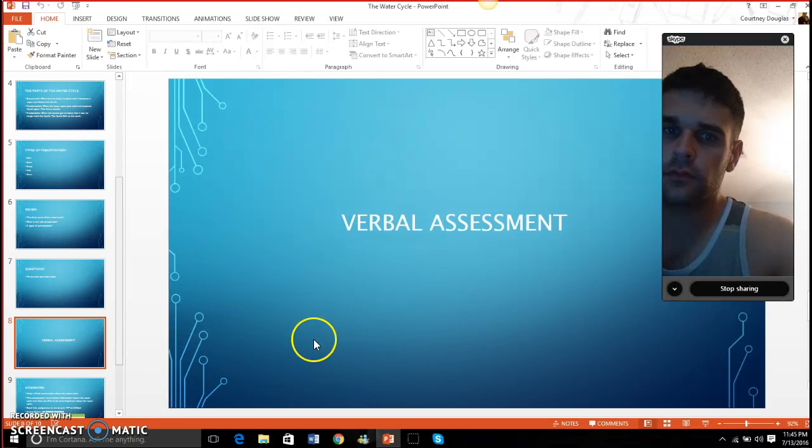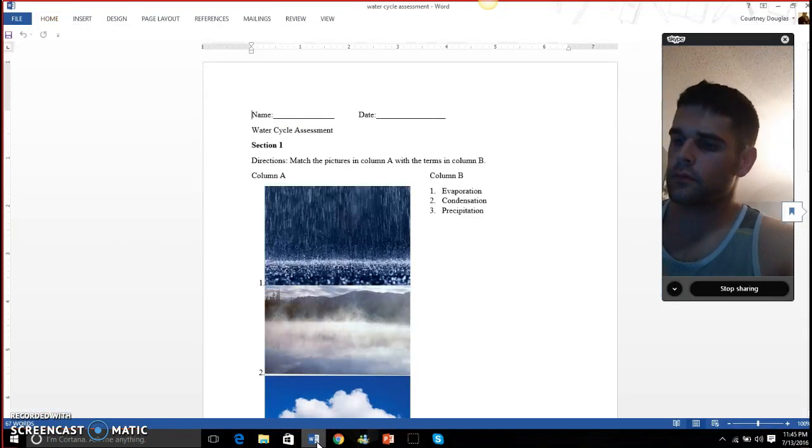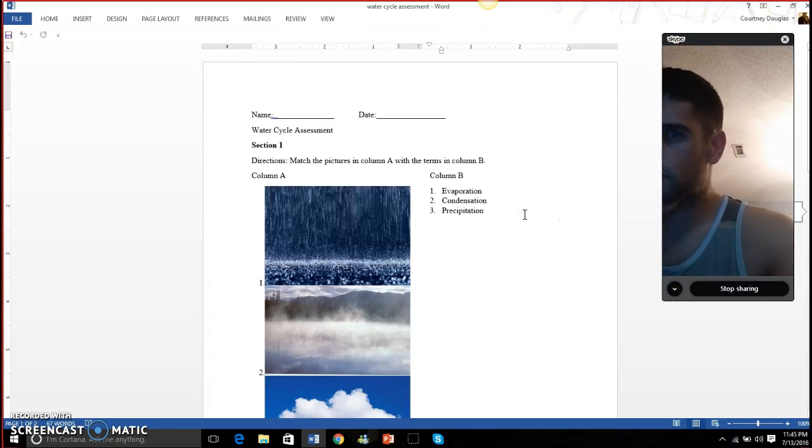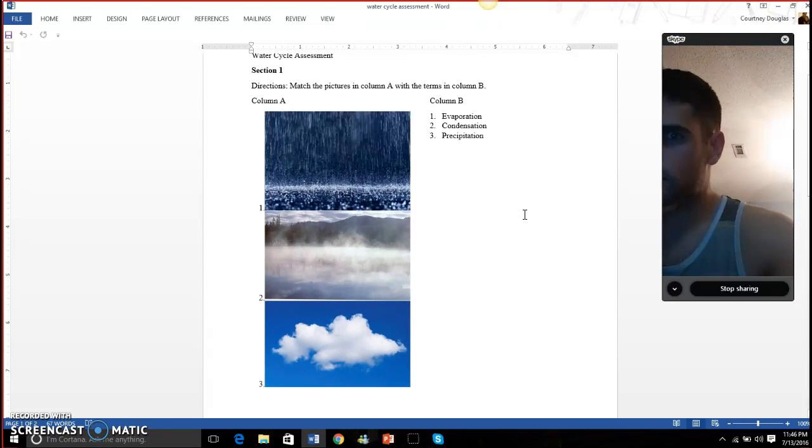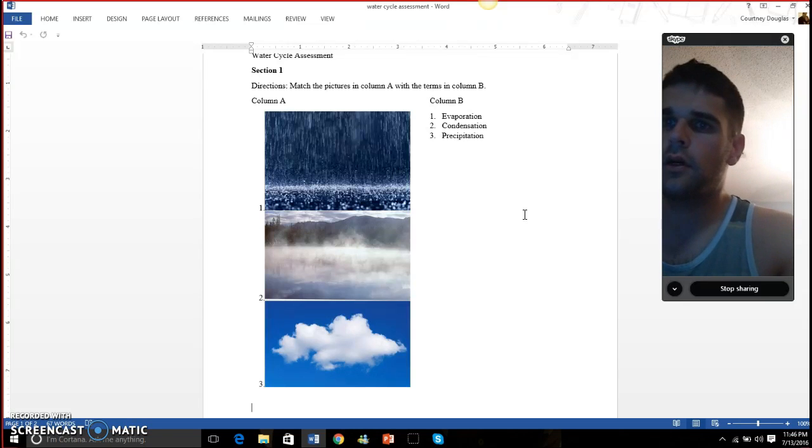Alright, so we're going to go to the verbal assessment. I also sent you that if you want to go ahead and pull it up. Okay, so in this first part is matching. Can you match the pictures to the words in the column? Picture 2 is 1.